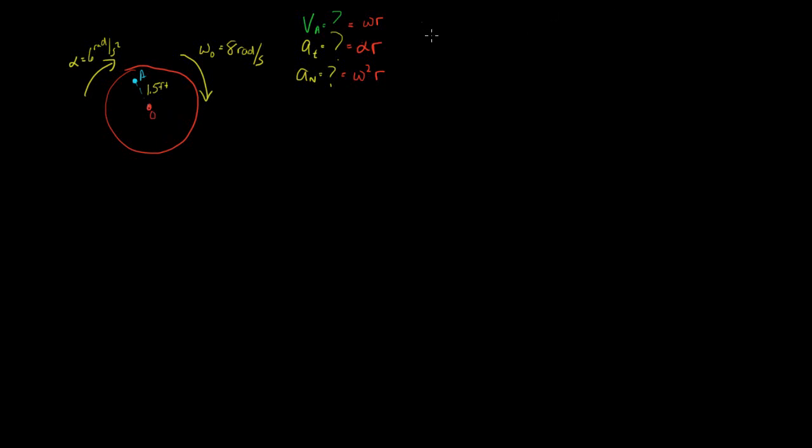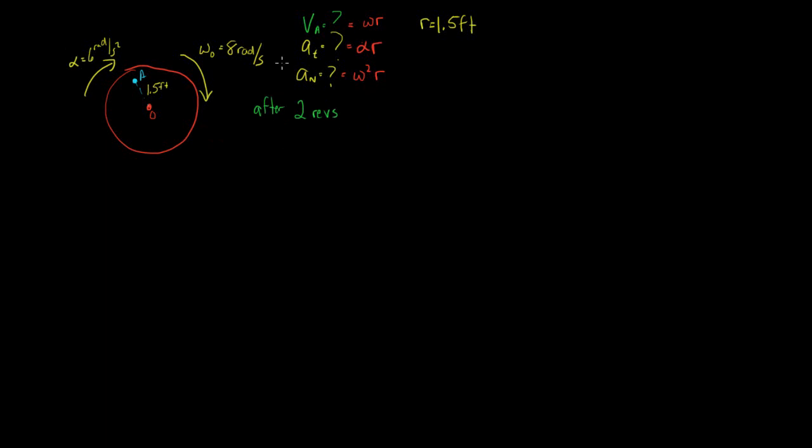So r in this case is going to be 1.5 feet. It's not the radius of the disk. We're asked to figure all this out after this wheel has turned 2 revolutions.